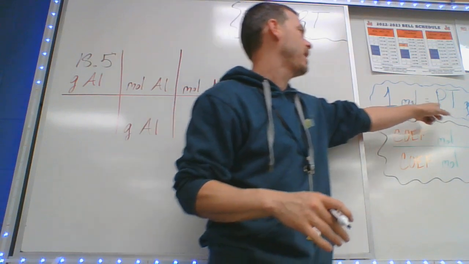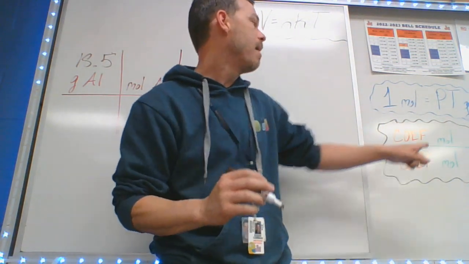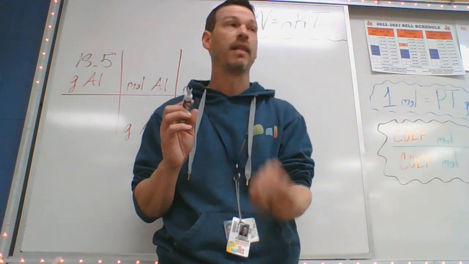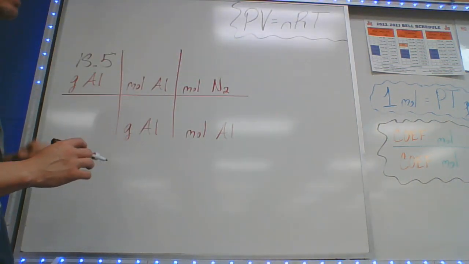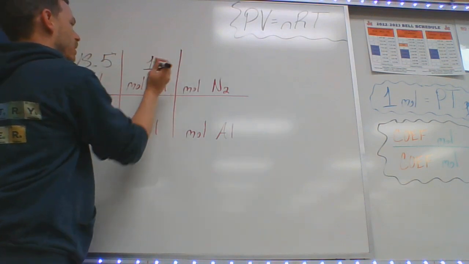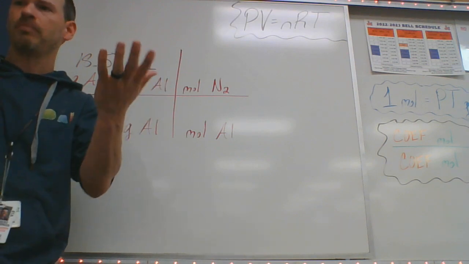Remember, if moles is being compared to grams, the conversion factor is 1 to periodic table. But if moles is ever over moles, the values come from the balanced equation. So looking here, moles is over grams. Moles to grams is 1 to the periodic table of aluminum.